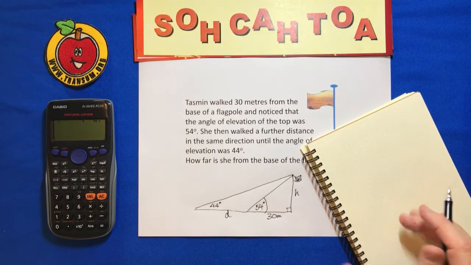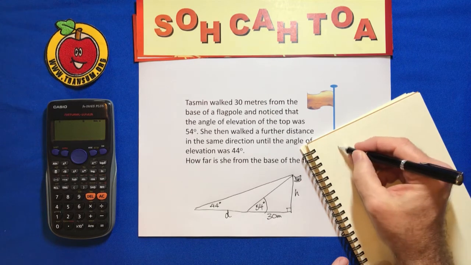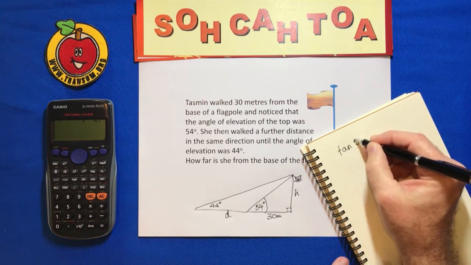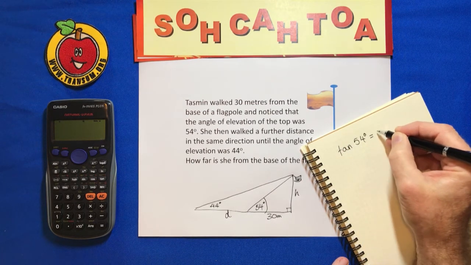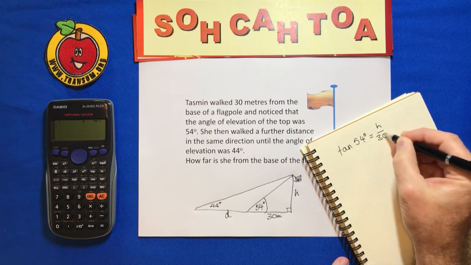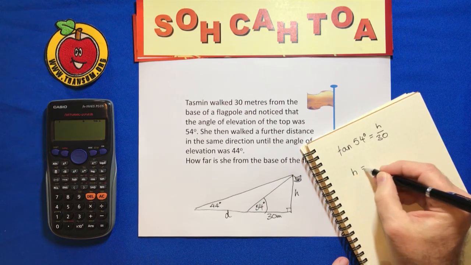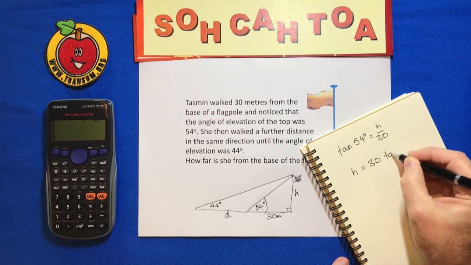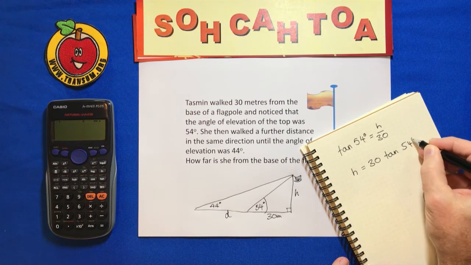So let's see. The tan of 54 is equal to H over 30. So H is equal to 30 tan 54 degrees.